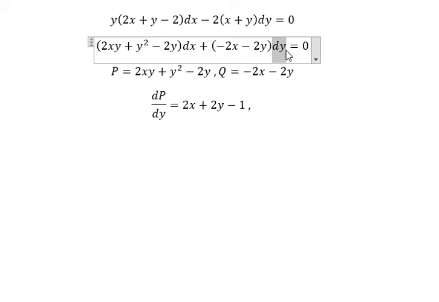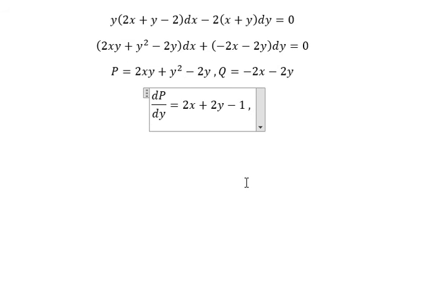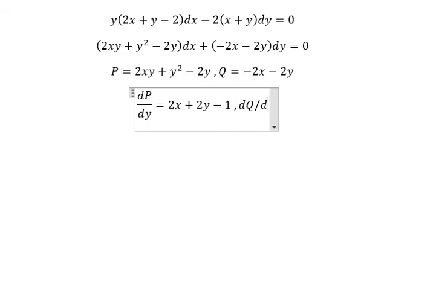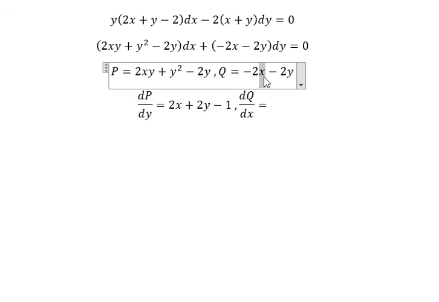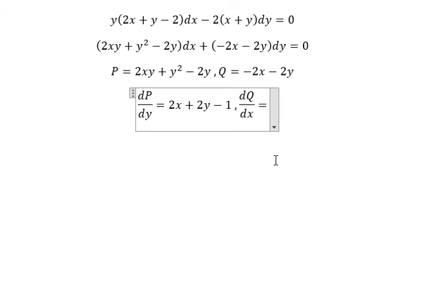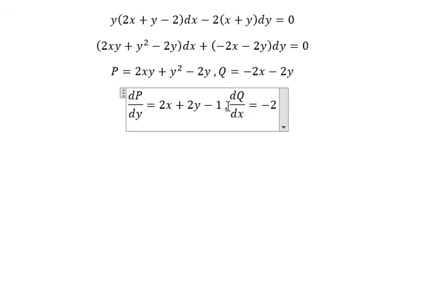We have dy. That means we need to do first derivative of cube with respect to x. So this one that is about number 1. This is negative number 2. So we can see that this one and this one, they are not the same.